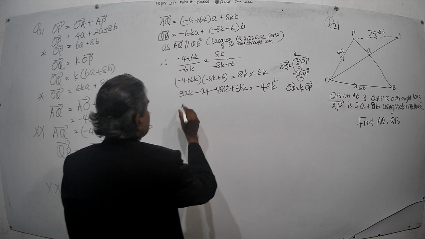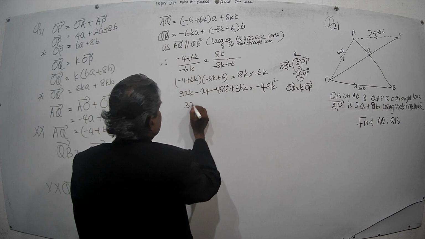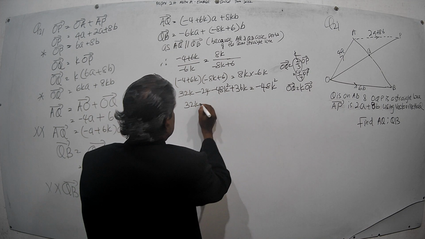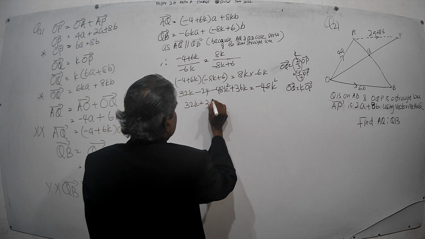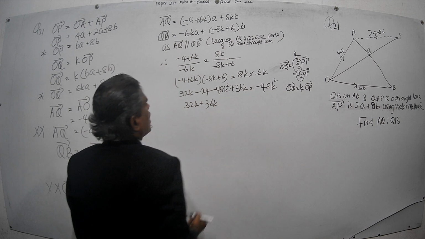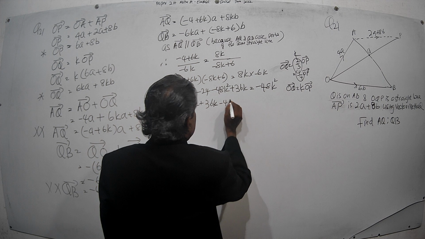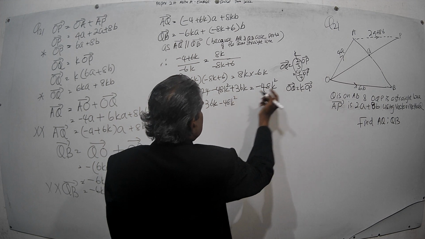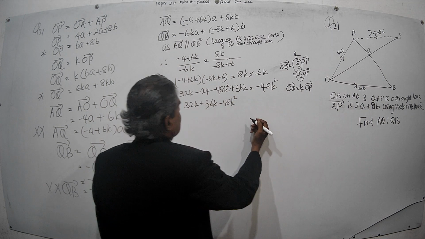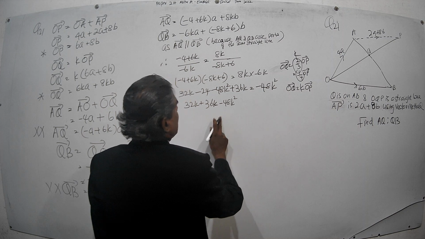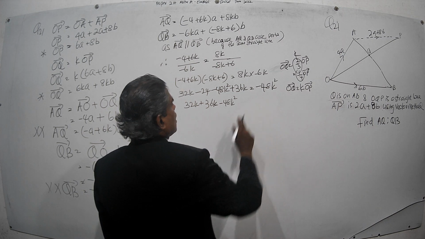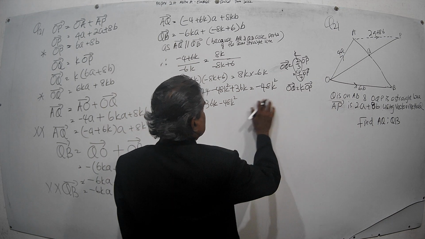Now we bring all the k terms to this side and take all other terms to the other side. Then here 32k plus this 36k, then this minus 48k squared, and that's all the k terms here, right? And we'll bring these k terms to this side.